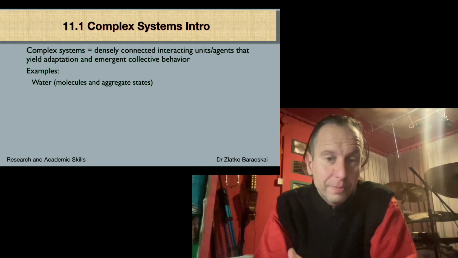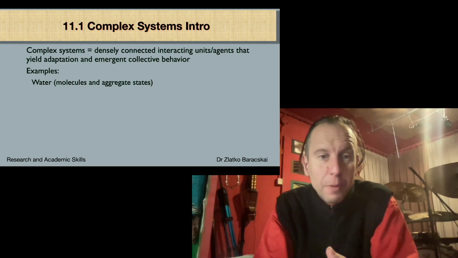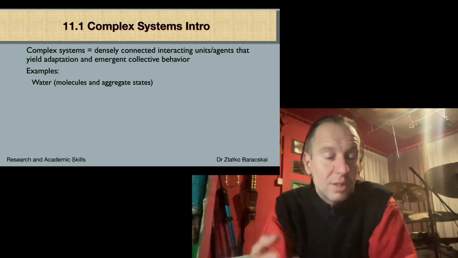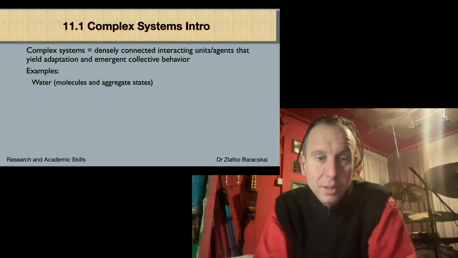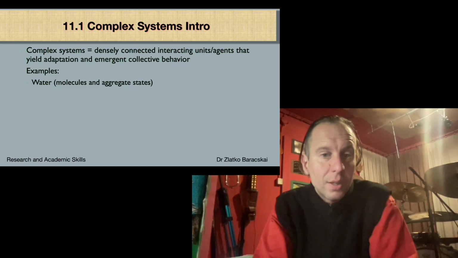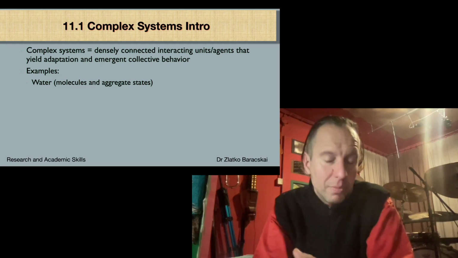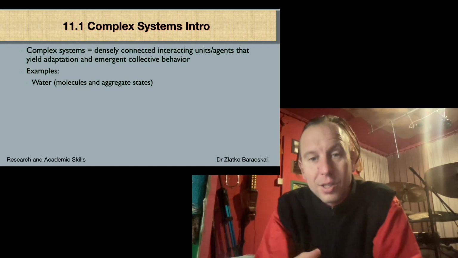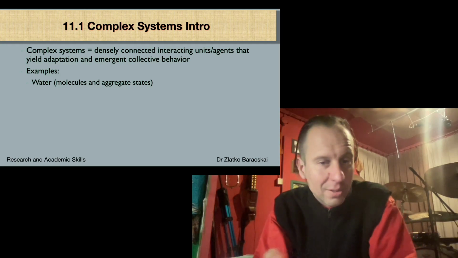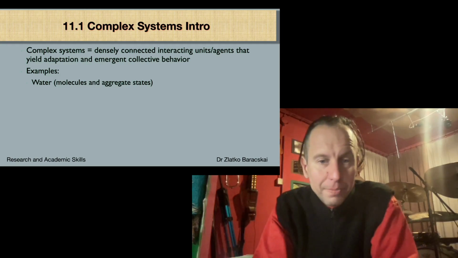First thing, water. Okay, so here already what we have is that the behavior of water as a liquid is not easy, or probably not even possible, to explain just by looking at each molecule. So it is about the interaction of molecules, and therefore it is emergent behavior. As far as the adaptation goes, it is clear you can pour water into different vessels. It will take on different shapes.